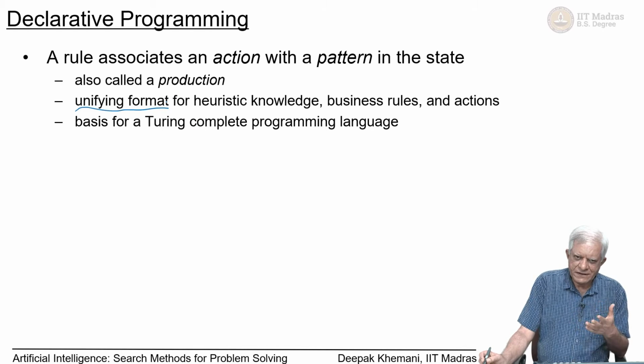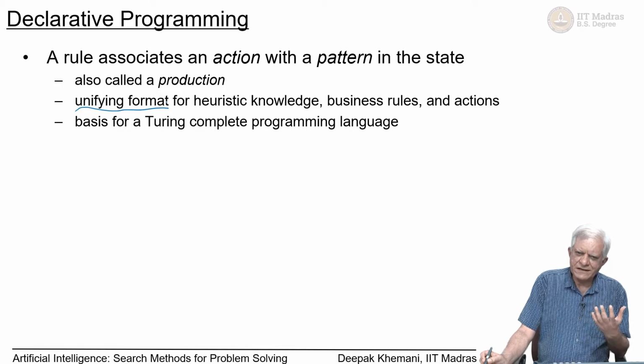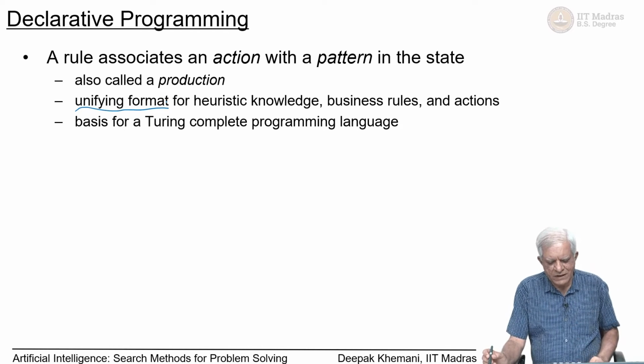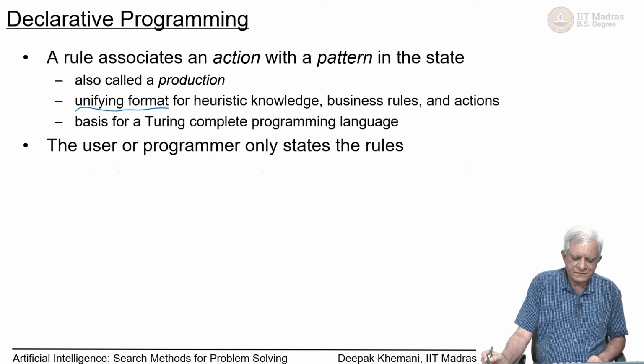So, you might have studied that in the course on formal languages, but even if you haven't, basically a Turing machine is an abstract computer which captures what can be computed essentially, and any programming language which allows you to do that computation would be a Turing complete programming language, and the language that we will look at today called OPS5 is one such language.